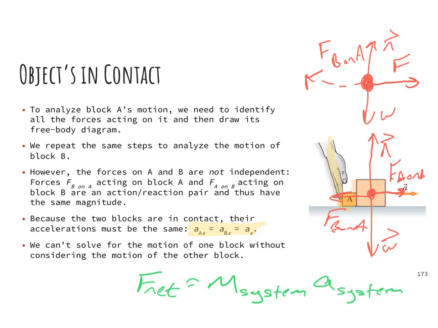That seems trivial, since I'm just adding subscripts, but think back to the Atwood machine experiment, where the masses hanging off the edge of the table and the cart accelerated at the same rate. As we think about Newton's third law, all the forces act on a system, and as I increase the mass of the system, the overall acceleration will decrease. We'll talk about that a lot in the last section, which is on ropes and pulleys.